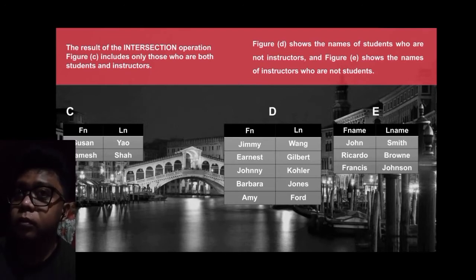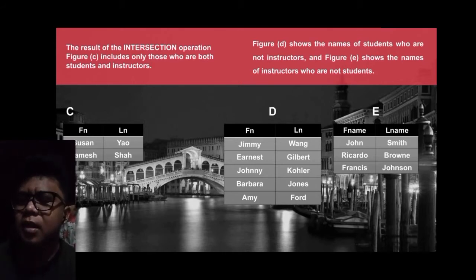Figure D shows the names of students who are not instructors, and figure E shows the names of instructors who are not students. Sorry. Now, we can see here that they are separated: students who are not instructors, or instructors who are not students. That is all. Thank you.